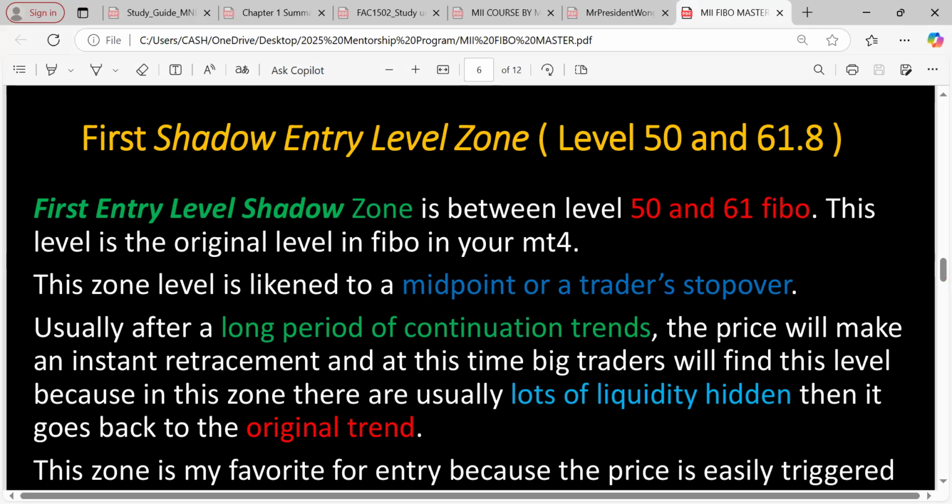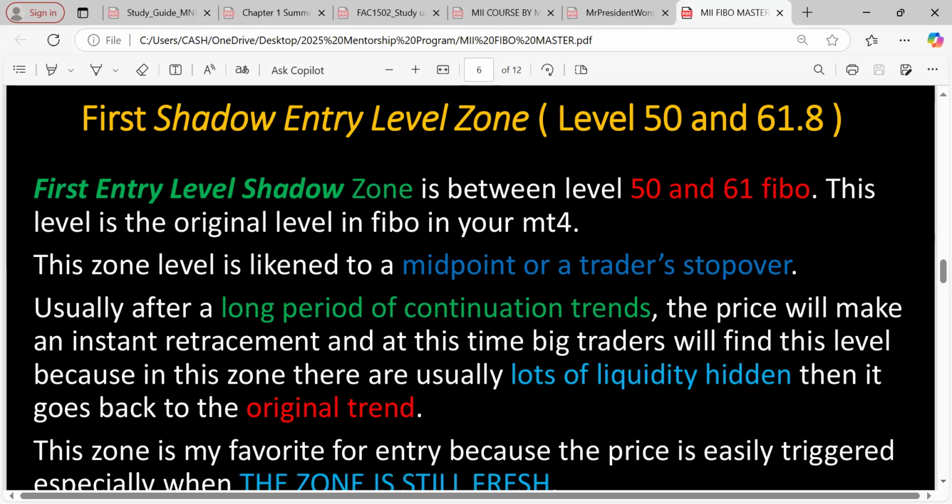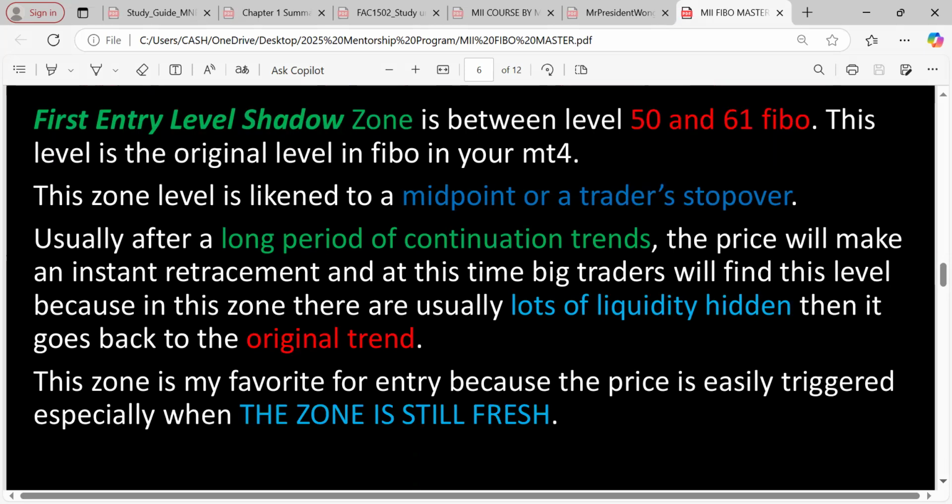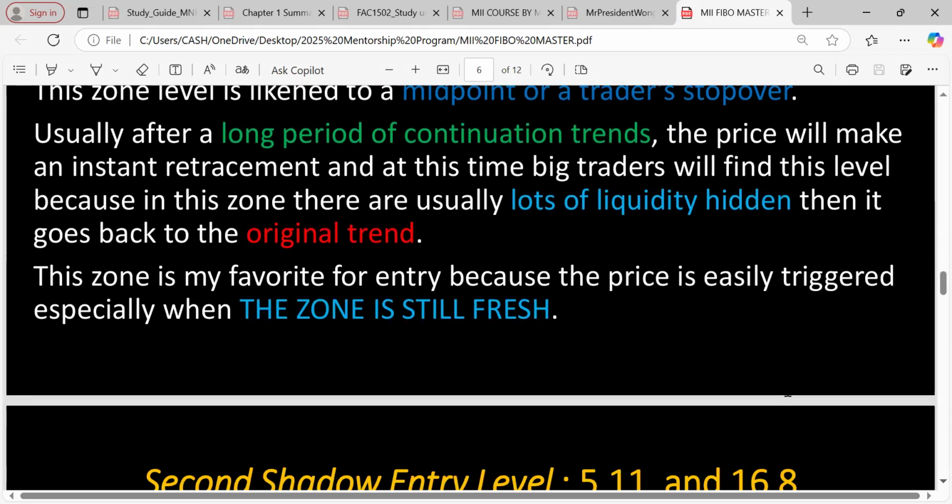A lot of times, after the market has been moving on a trend, dropping or even going up, there's a lot of liquidity within these zones. Between the 50 level and the 61 level there are a lot of orders, because you normally like to see a double top or a big M. I'll show you what I mean by a big M. Then let's go to the next slide.